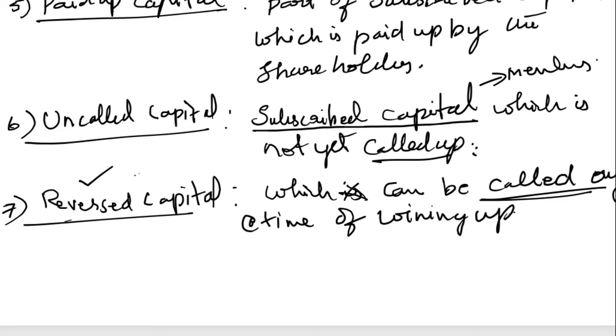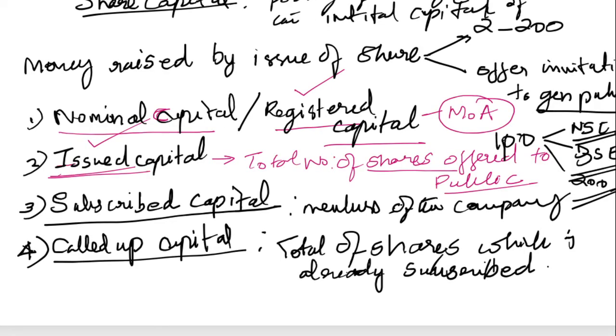Some companies may not have reserve capital. Maybe most companies have paid up capital, most companies have subscribed capital, and all companies have issued capital. And nominal capital is only the provision in the books of law.